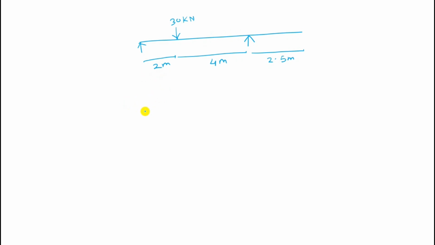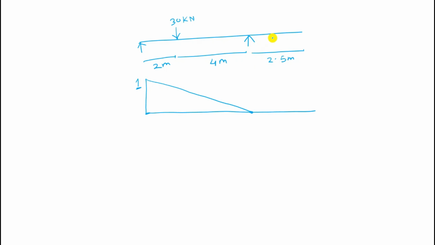To calculate the reaction RA, first of all you draw the beam length, and at this point the vertical distance equals 1 unit, and here at this point the value will be 0. Yes, for the simply supported portion we have drawn the influence line diagram.